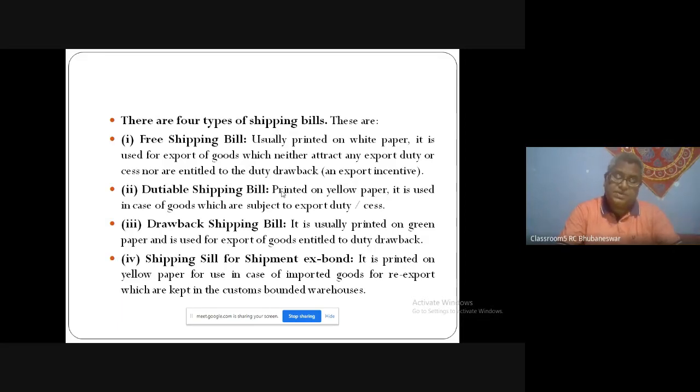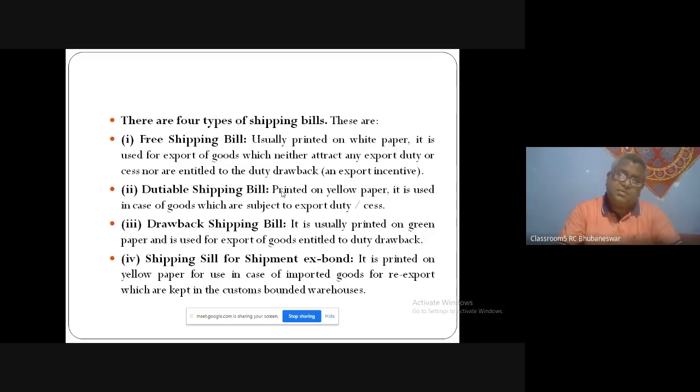Because transportation of goods by ship is cheaper compared to air, road, or any other physical medium. Through ship there are different hurdles to be cleared, so these types of bills have to be prepared. When importing or exporting, shipping bills are important.